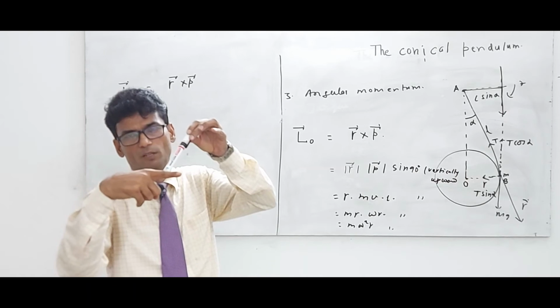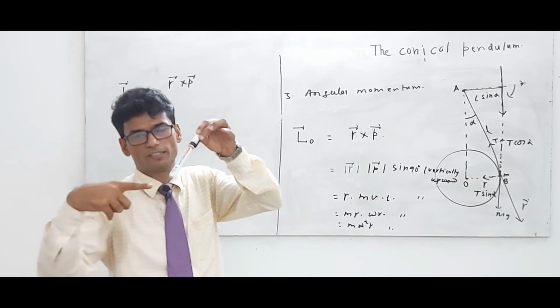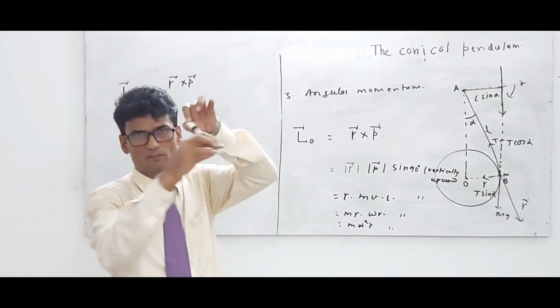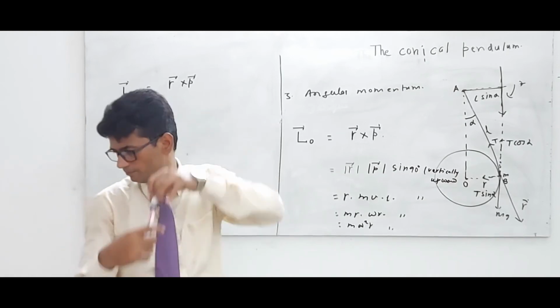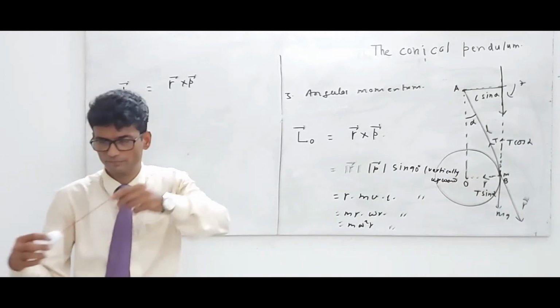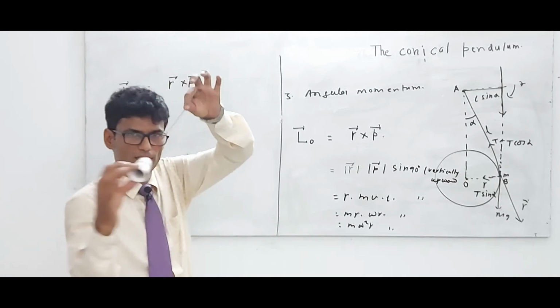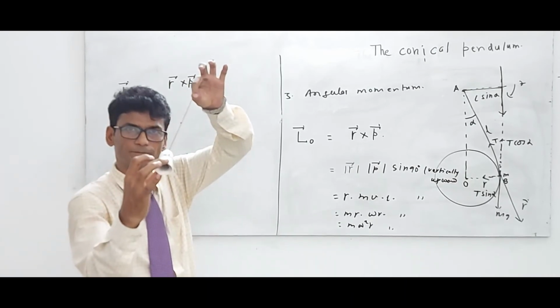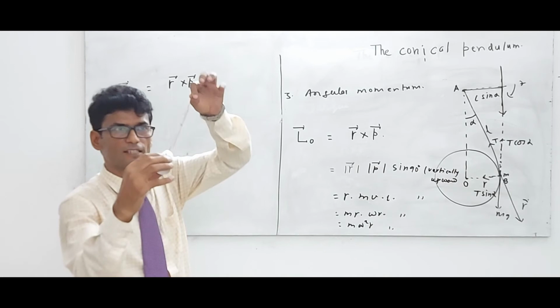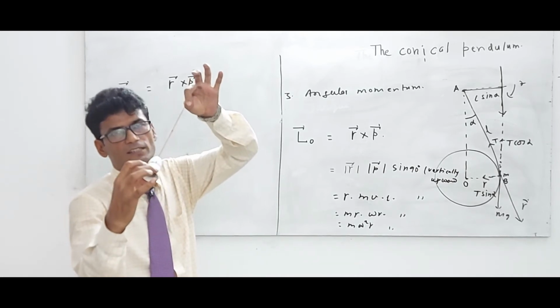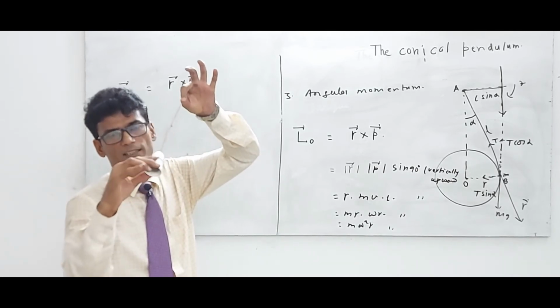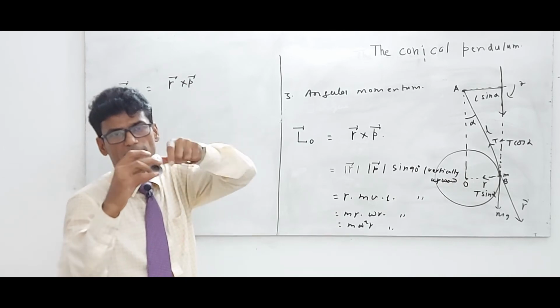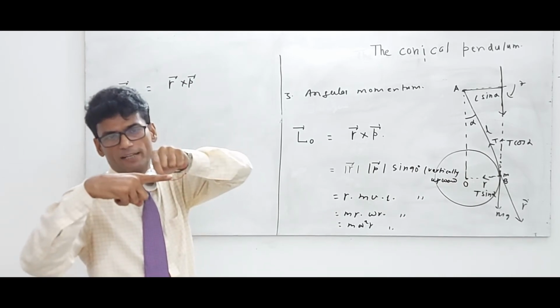The velocity is tangential to the horizontal circle. Here is the string, moving in a horizontal circle. This is the radius vector, taken from this point to the bob, and the tangent is at a 90 degree angle.